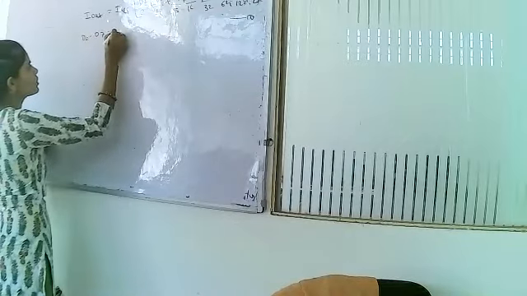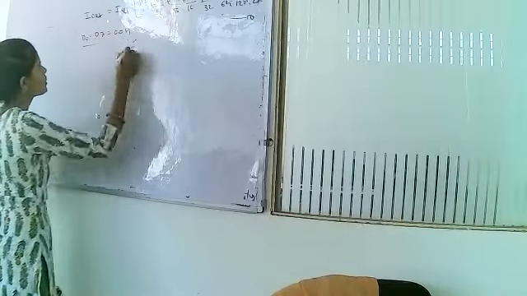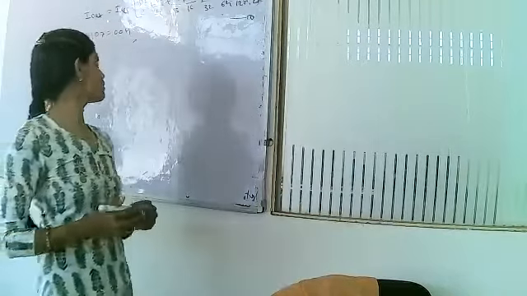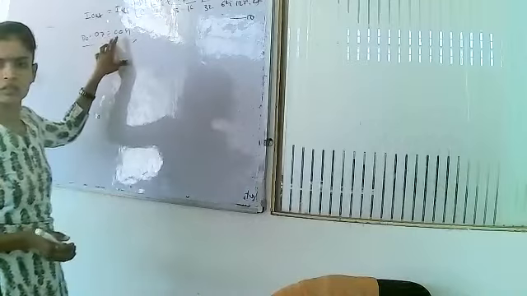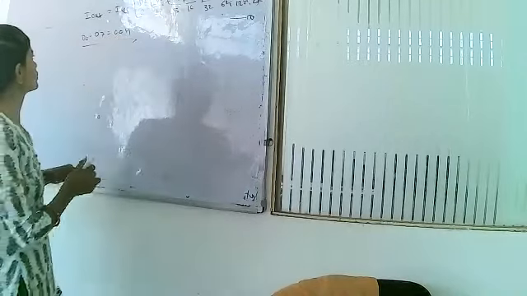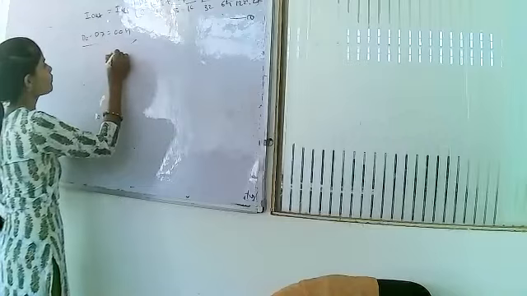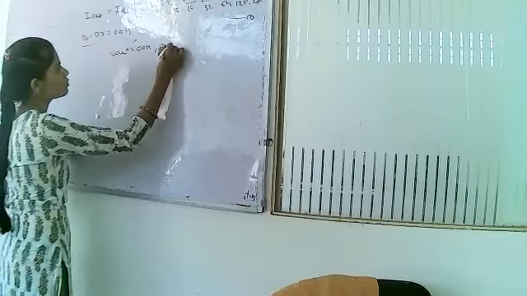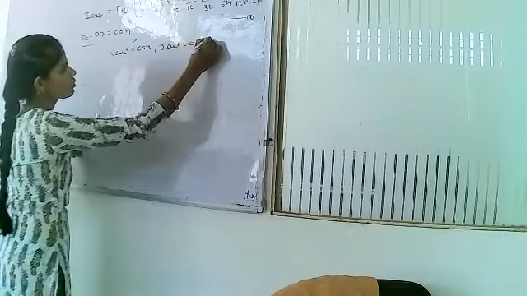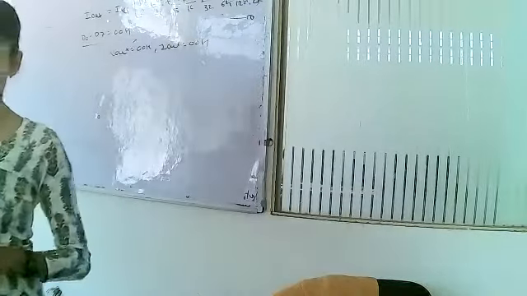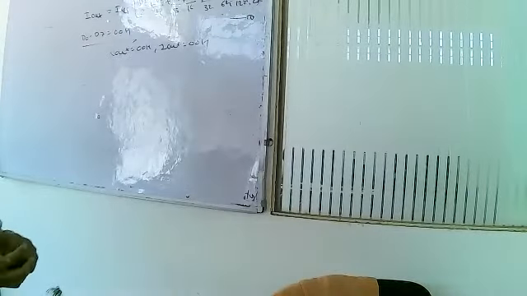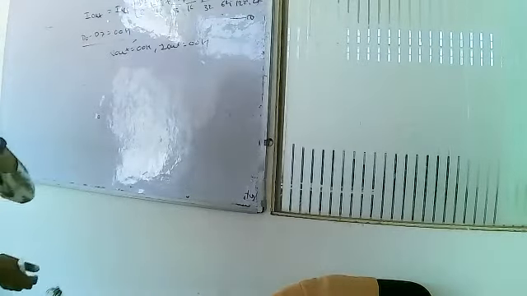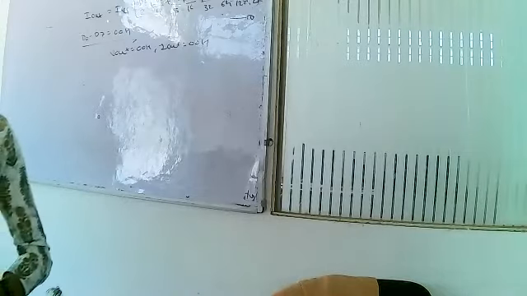In the third, D0 to D7 is 00H, means D0, D1, D2 up to D7 are all 0. Then V out is 0 and I out is also 0. These three conditions we see in the problem. The remaining part we will see in the next lecture.